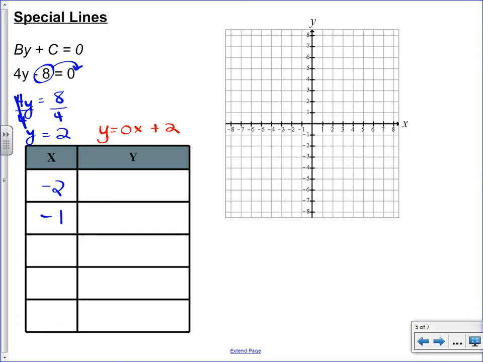So it's saying if I pick any value of x, I could pick -2, -1, 0, 1, 2. That's like saying all of my y values would be what? 2. Because it's like saying y equals 0 times -2 plus 2. Well, 0 times anything gives me 2. I can do that for all x values and see that y equals 2.